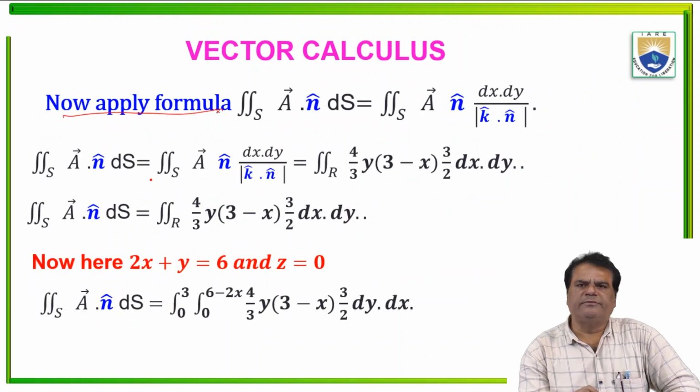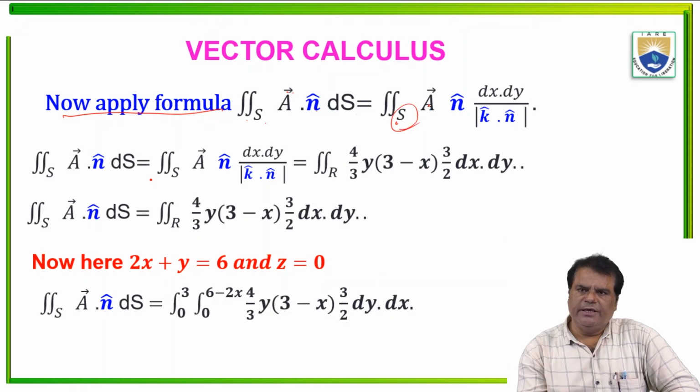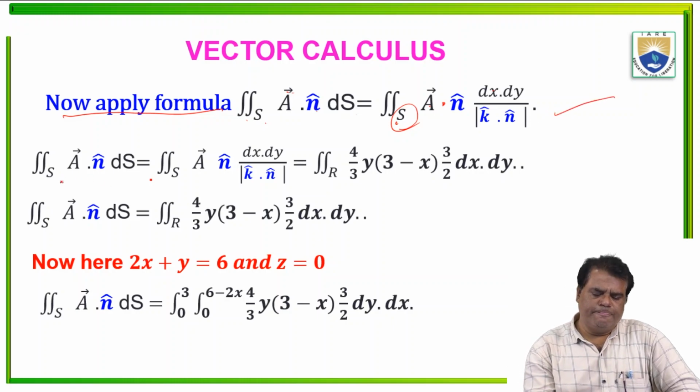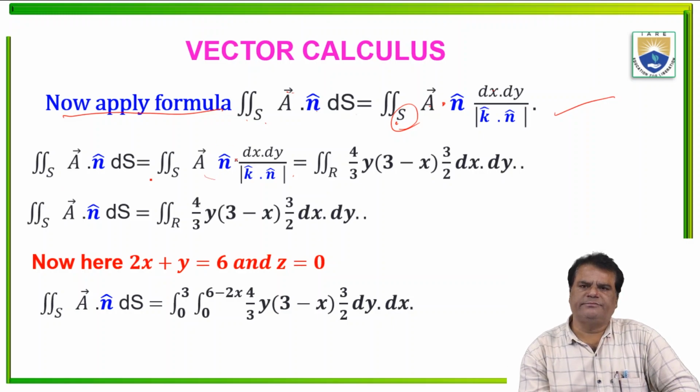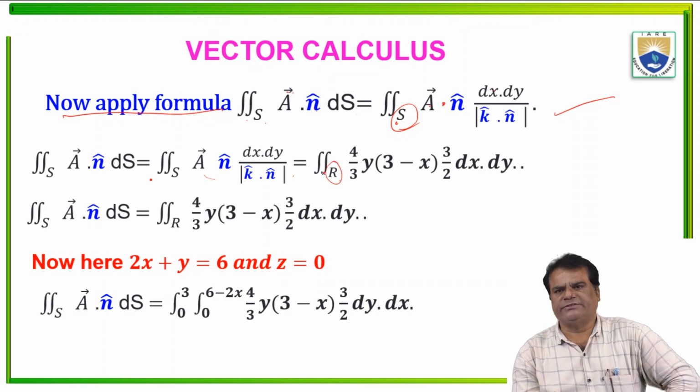Now apply the formula. Double integral of A vector dot n cap into ds equals double integration over the region of A vector dot n dx dy upon k dot n. So now this is the formula, putting the value here in the second integral. So here double integration over region R. R is given by the surface.